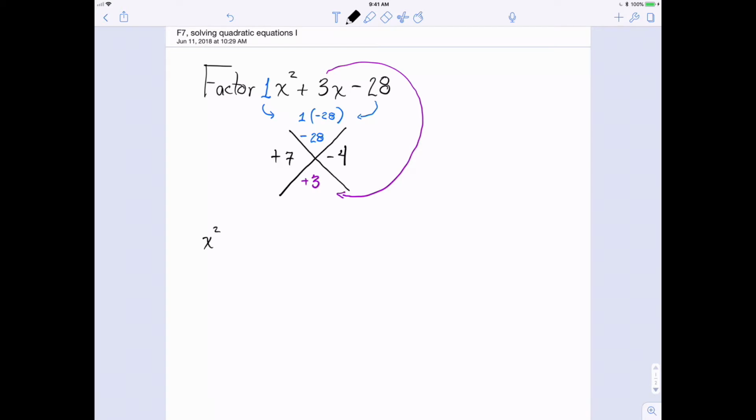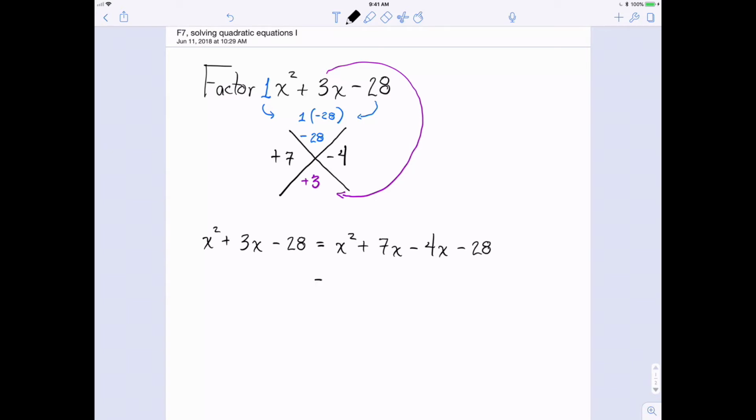We have x squared plus 3x minus 28. This is equal to, now we use the solutions to the game to unlock the middle term. So the 3x is instead written now as a 7x minus 4x minus 28.